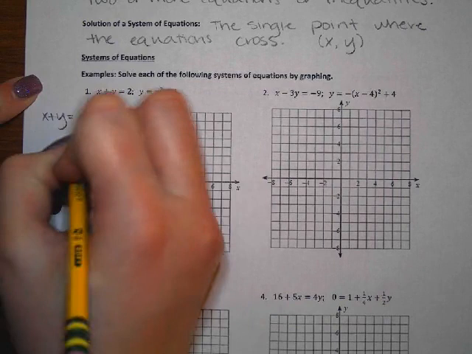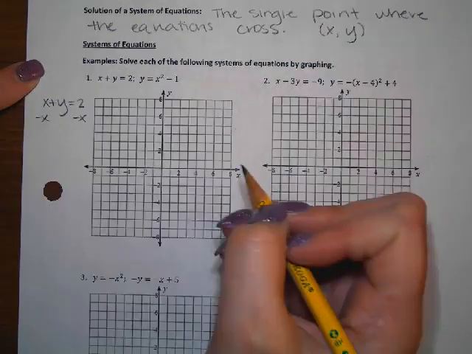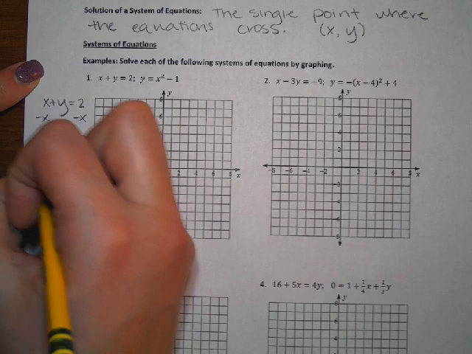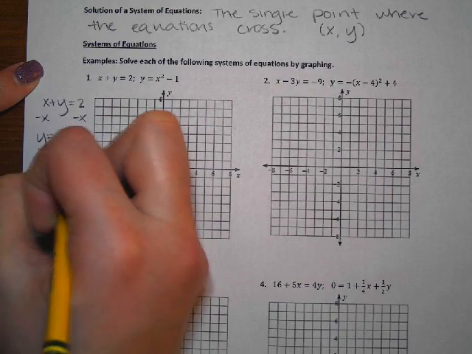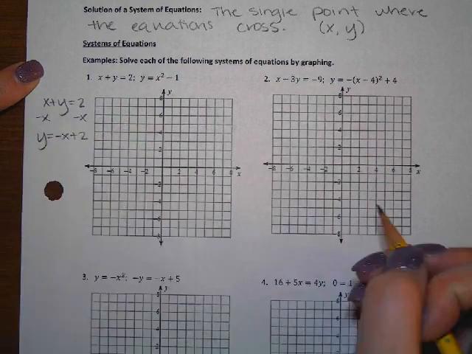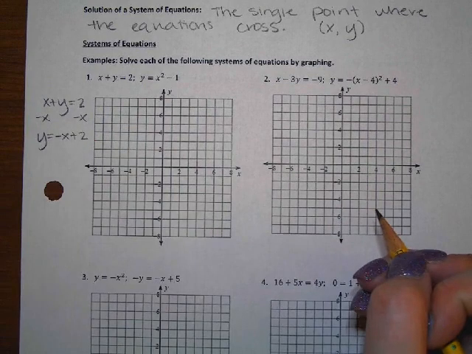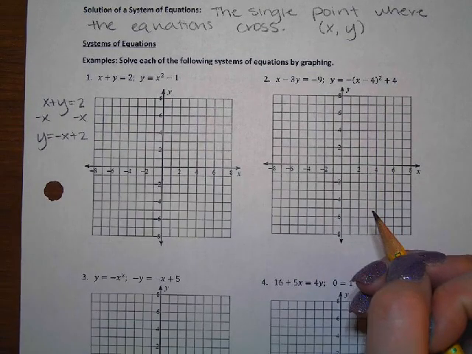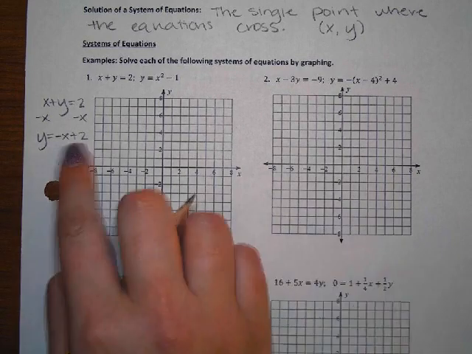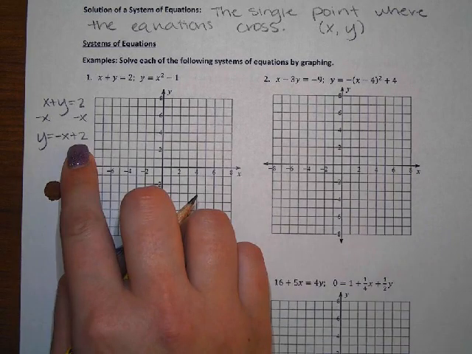So I've got y equals negative x plus 2. There are two reasons I did that. One, if I don't remember how to graph this, now I can plug it into my calculator. The other is that now it's in y equals mx plus b form, so I should remember how to graph it.